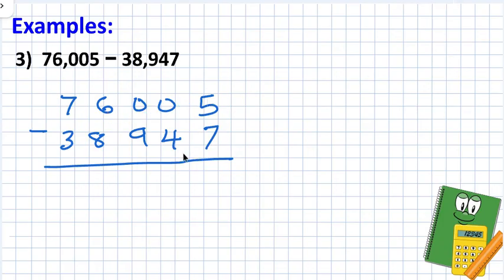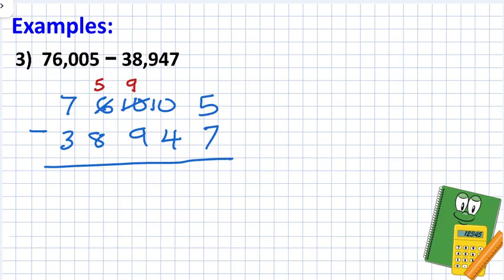If we borrow from 6, this 6 will become 5. And we'll take the one we borrowed to this 10. Then we borrow 1 from this 10, we take the one we borrowed to this 10. Now this 10 we borrowed from will become 9.